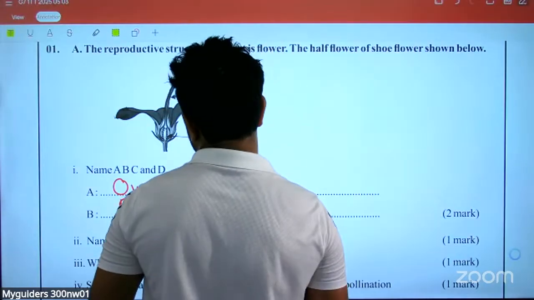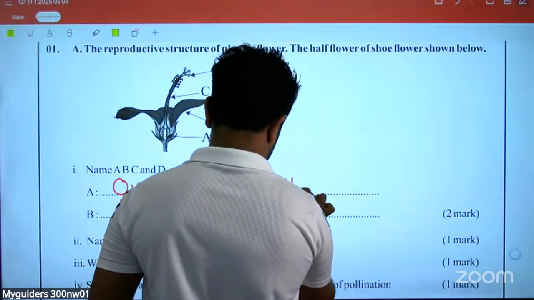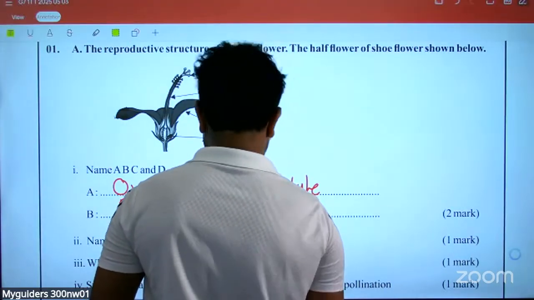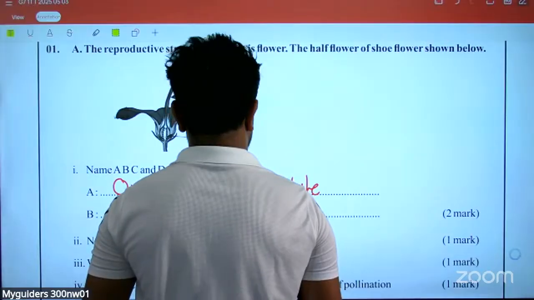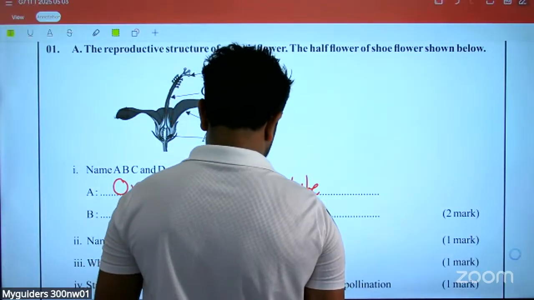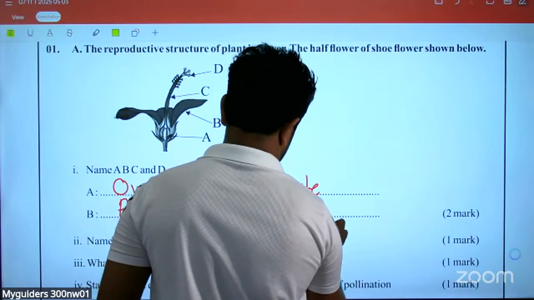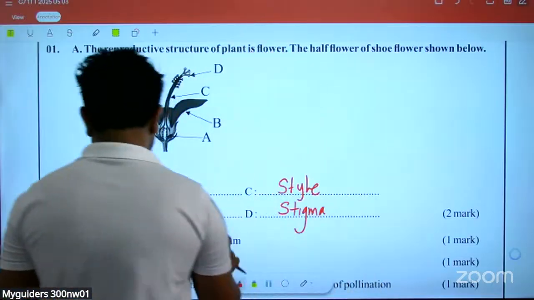Not stamen, it's style. That is style again, it's style. Then we have D, structure D, stigma.